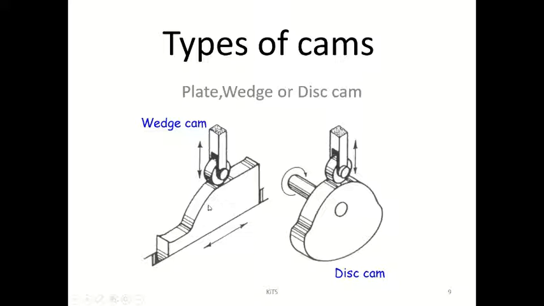When the wedge moves front and back, the follower will move up and down. So wedge and disc are examples of plate cam.